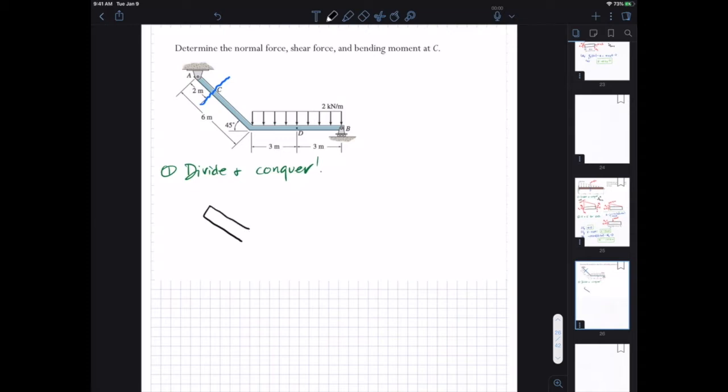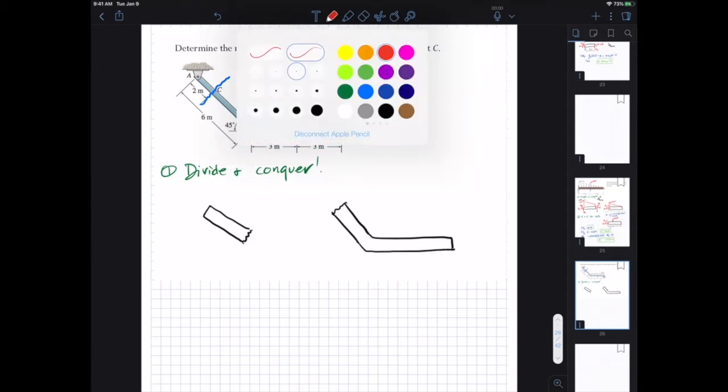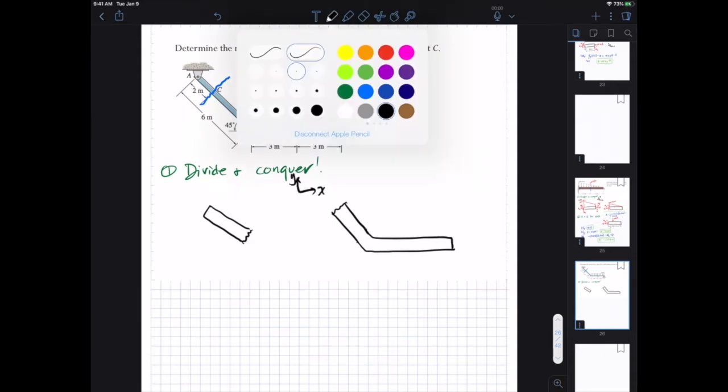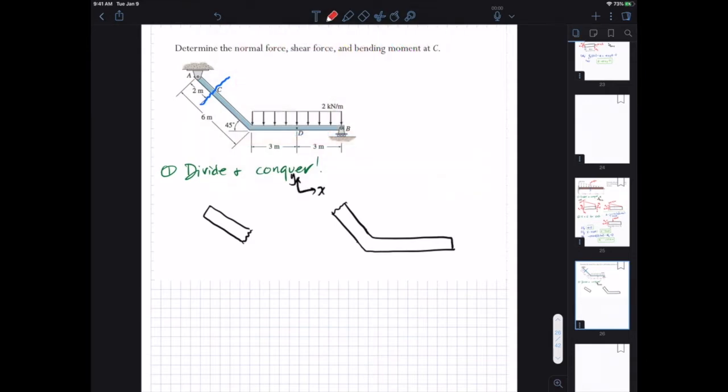So we're going to have this thing, and then we have the other version on the right hand side. And a coordinate system for both, of course. Okay, pin at A, so therefore we have AY, AX, and then we have the internal forces.